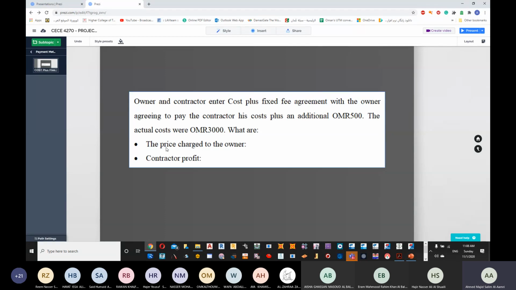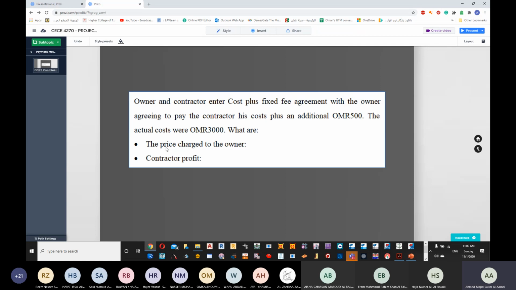Now, will the 500 Omani Riyal increase if the time of the project increases? It's a fixed value. Okay, it's a fixed value.